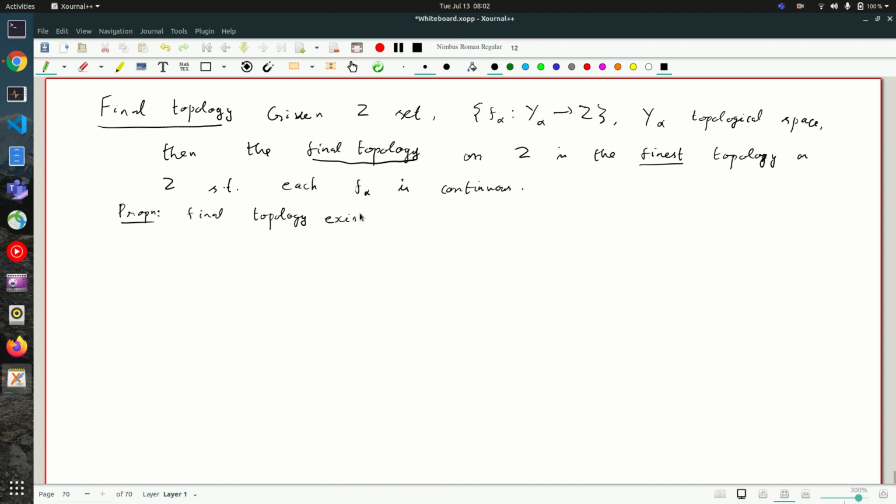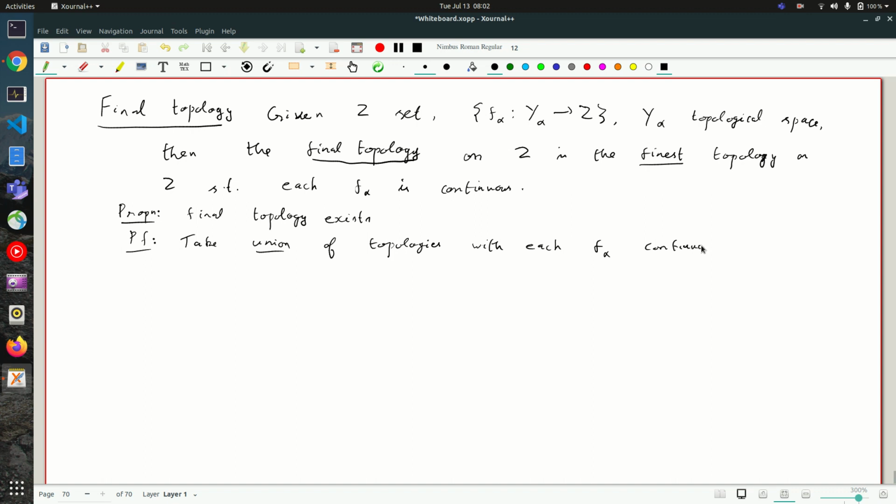And the proof is exactly the same as before. That is, you take the, it's not exactly the same, because now you want to make things bigger. Proof: take now not the smallest but the biggest, the union of topologies with each f alpha continuous.